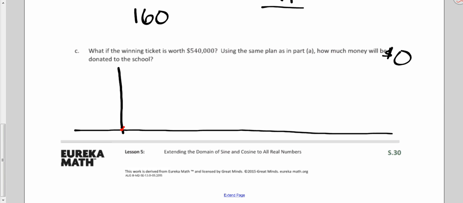Can you divide 100? Well, remember, we're talking dollars. I can't split up $300 or $180 evenly amongst 360 people when I'm just talking dollars. So how much money does the high school get? They get 100.